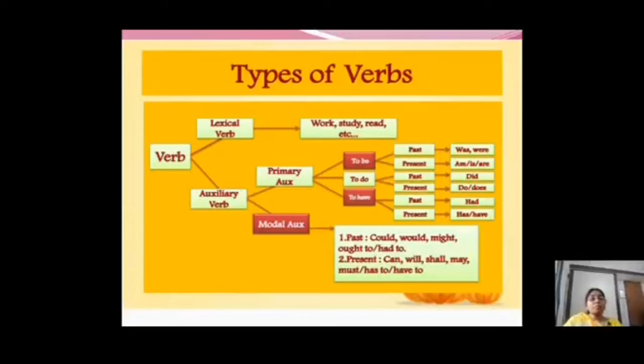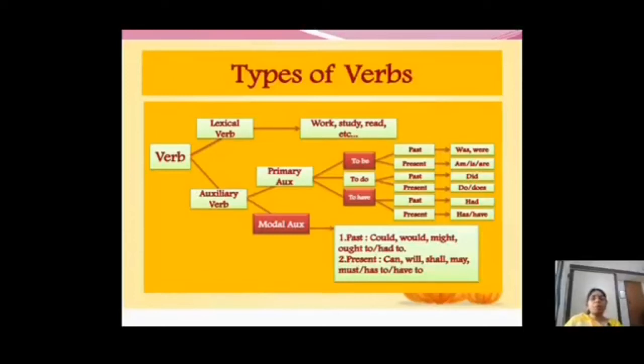Auxiliary verb is divided into two, primary auxiliary and modal auxiliary. Primary auxiliary, you have three more: be verb, do verb and have verb. Be verb is am, is, are in present tense and was, were in past tense.